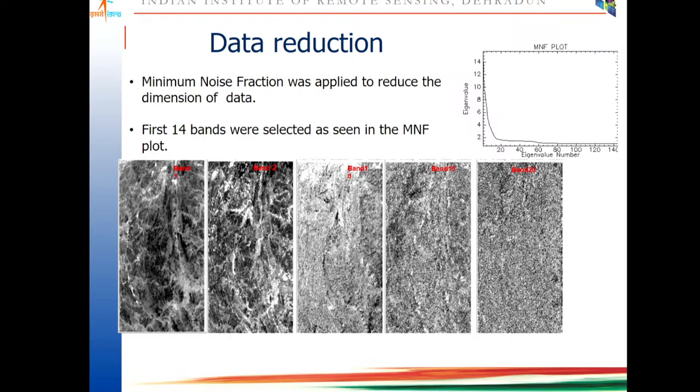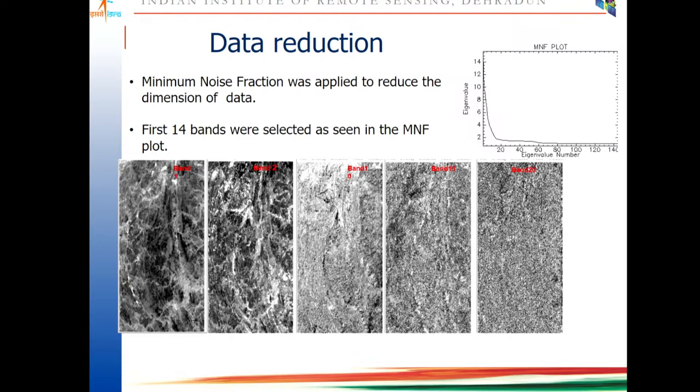Now, what are these data reduction techniques doing? Basically, they are segregating the noise in the data set, and the maximum information present in the data, they are compressing it, so that we get the maximum information in the initial 10, 15, 20 or so bands. That depends on the data itself.